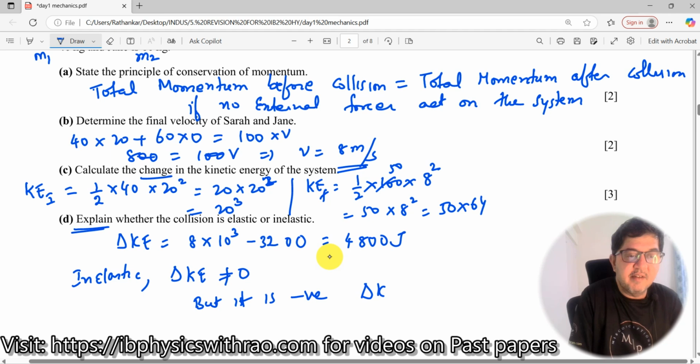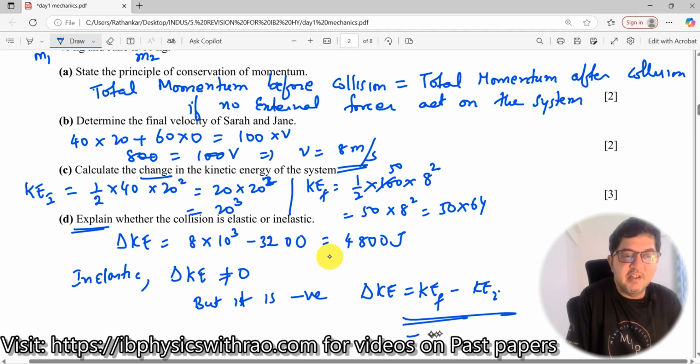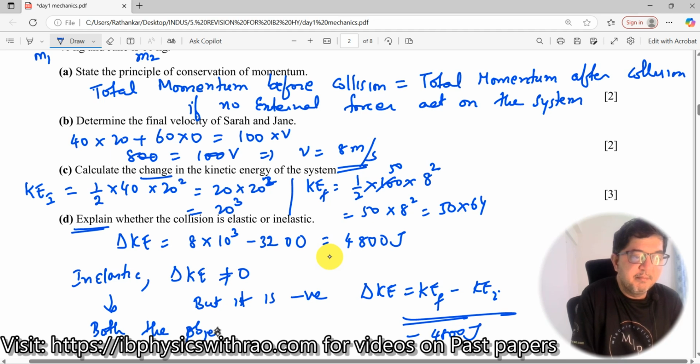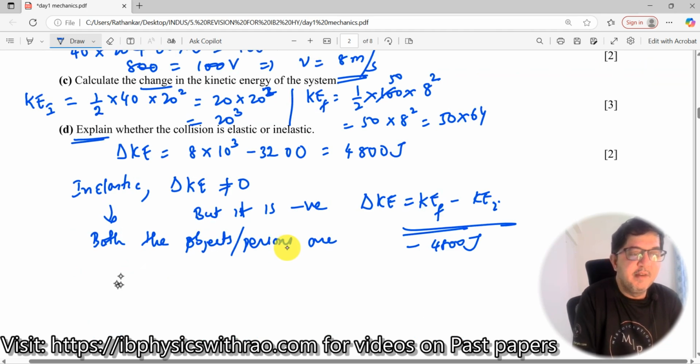Because you should have calculated delta kinetic energy equal to kinetic energy final minus kinetic energy initial, which is seen to be minus 4800 joules. So this is an inelastic collision. And again, you can also give one more reason: both the persons are moving together. You can mention this also.